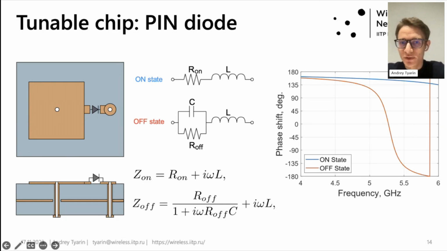The parameters of the UC were selected so that a phase difference of 180 degrees was achieved at the frequency of 5.3 gigahertz. Since a pin diode has only two states, the value of phase shift difference between them should be 180 degrees for a single bit phase quantization.